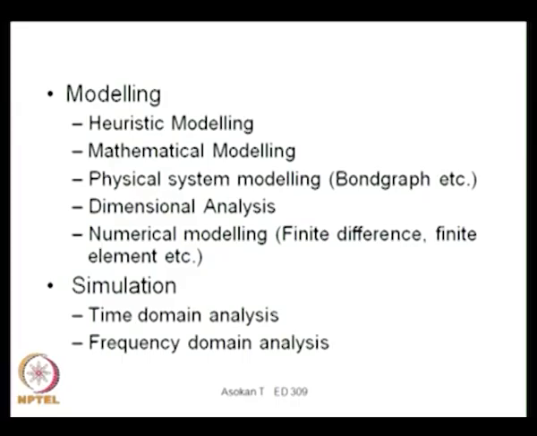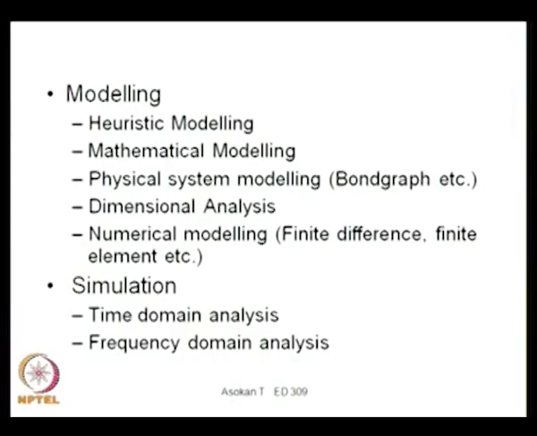Another method is physical system modeling, or bond graph modeling. Bond graph is one of the methods of physical system modeling. In this method we look at the physical system and develop the corresponding model, which has a one-to-one correspondence with the system and is easy to understand. This method is used for multi-domain systems, when you have a system with various disciplines like mechanical engineering, electronics, communication, software.